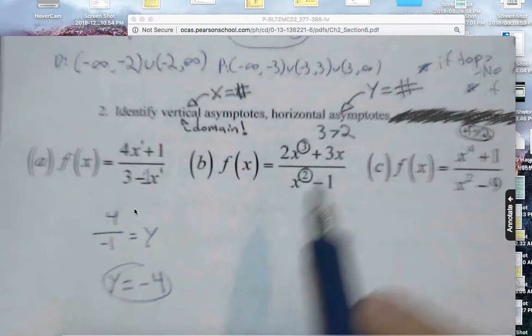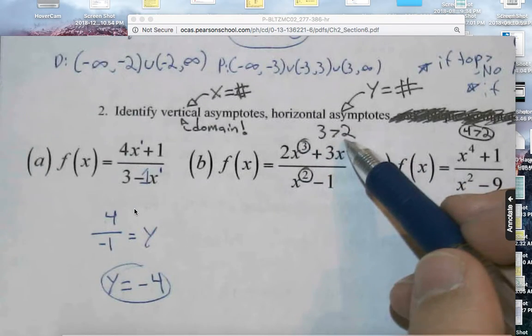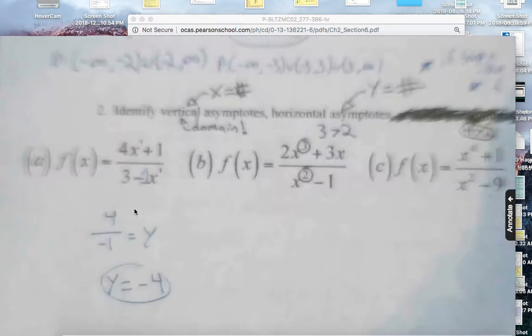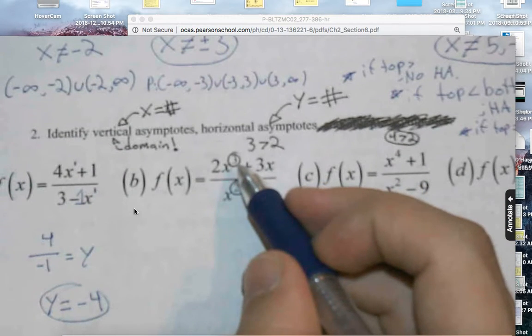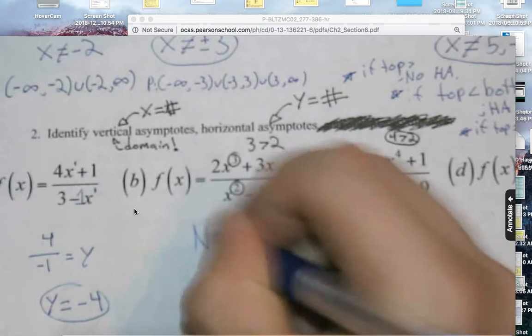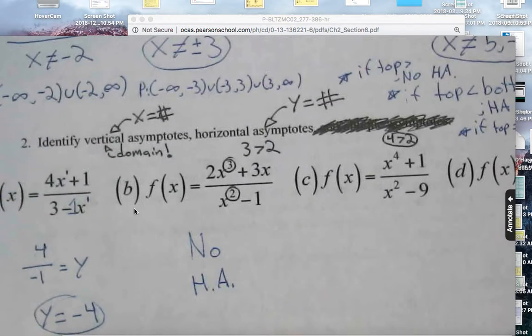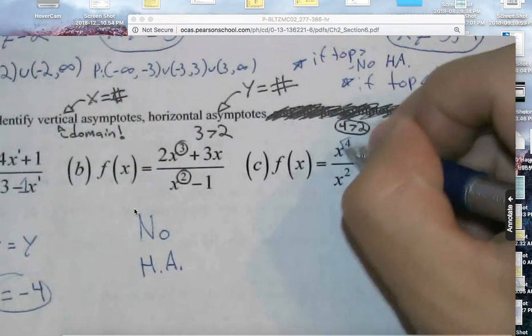For the next one, we have the top exponent greater than that number. So since this happens, there's actually no horizontal asymptote, as mentioned here. So 3, the top is greater than the bottom, so there's none. For the next one, same song and dance, x to the 4th, greater power than 2.